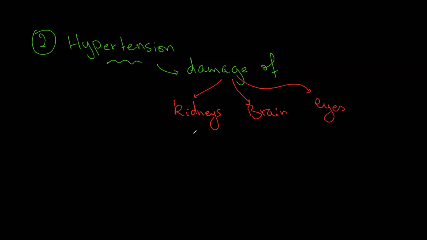Now, what happens in the kidneys? We know that the kidneys filter the blood from wastes, and we have taken in our old lessons that the kidney tubule is formed of the Bowman's capsule. I'm not going to draw them all. And here we have the afferent arteriole, and here is the glomerulus, and here is the efferent arteriole.